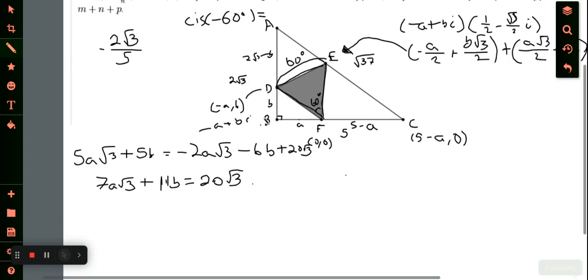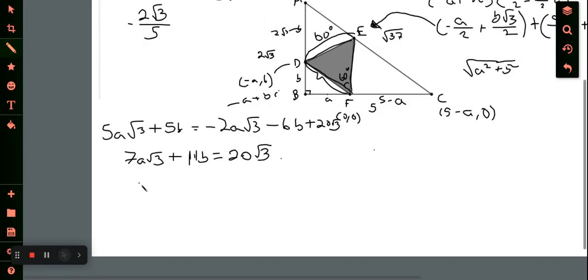But what are we going to do now? We have to find the side length, and we want to minimize the side length. So what do we know about the side length? Well, the side length here is just the square root of a squared plus b squared, which you can see from this right triangle and the Pythagorean theorem. And this screams to us the Cauchy-Schwarz inequality, which states that (a squared plus b squared) times (147, which is 7 root 3 squared, plus 121, which is 11 squared).